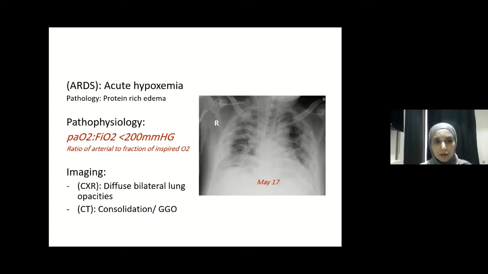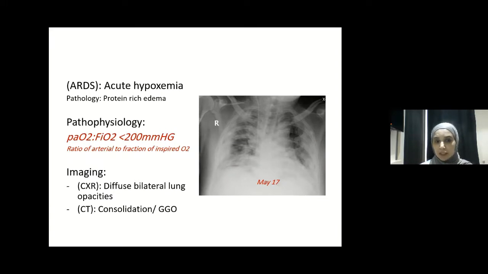In the pathophysiology of ARDS, the ratio of arterial pressure to fraction of inspired oxygen is reduced to less than 200 millimeters of mercury in a moderate stage. If it's less than 100, then it will be a severe stage.